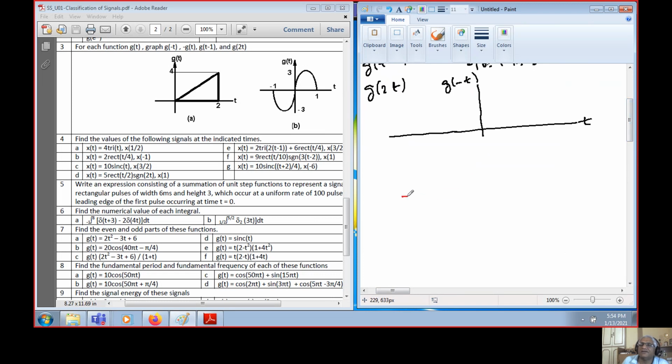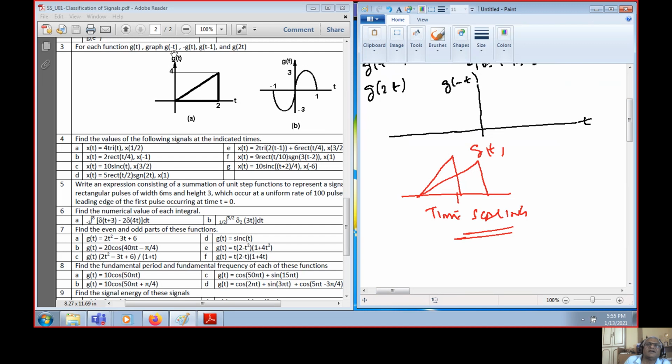That means if the graph is wide like this, g of 2t will become like this. Now this is called as time scaling. So you are scaling it down by 50%. If this is wide like this, it has become short. So try this out.